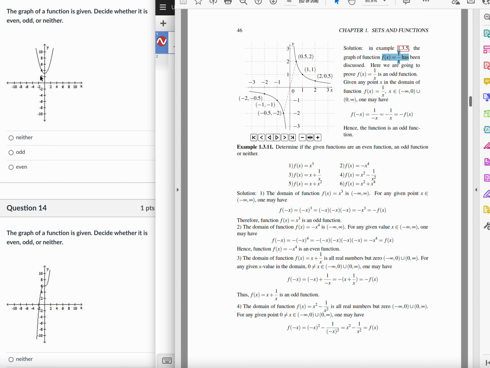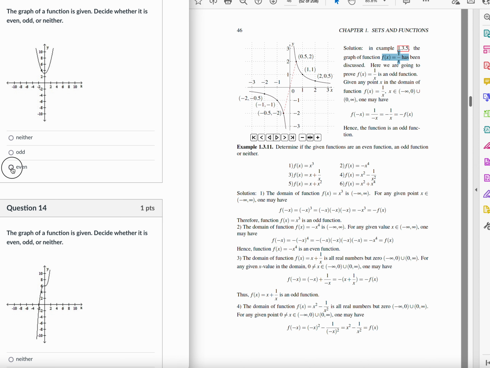Now, here, this graph apparently has this side as the mirror image of this side. So then this picture is the even function, gives us the even function. You should choose this one. All right?